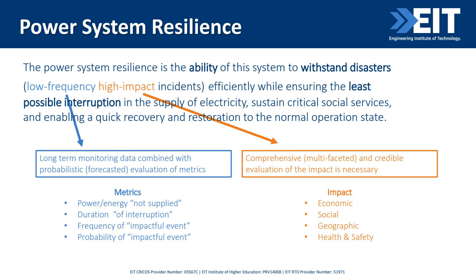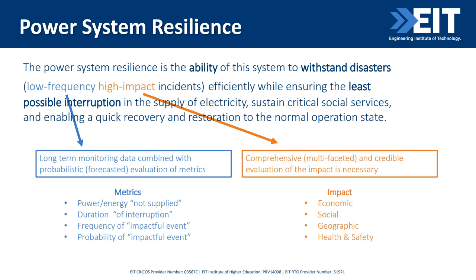So let us see what are the low frequency type of incident. They are the long-term monitoring data combined with probabilistic or forecasted evaluation of metrics. So the metrics could be the power or the energy not supplied, the duration of interruption, frequency getting higher, probability of the impact going to be higher.